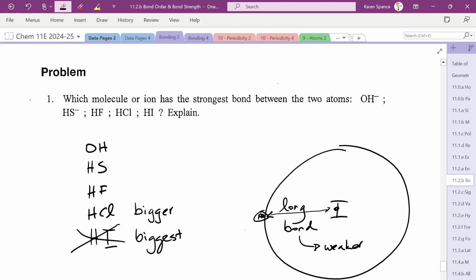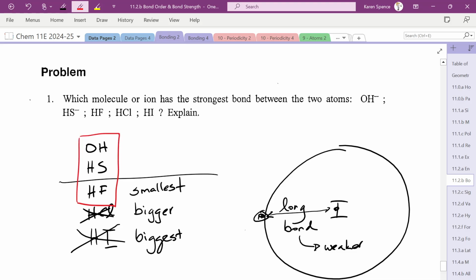So if I'm comparing these 3 here, I can say it's definitely not those 2. And now I'm going to take a look at these 3 guys.